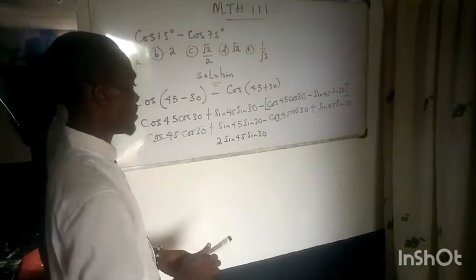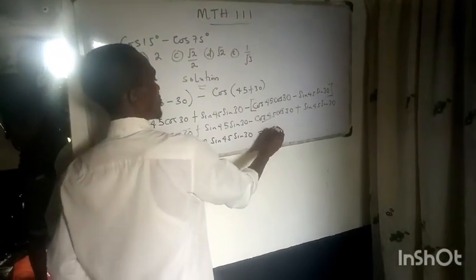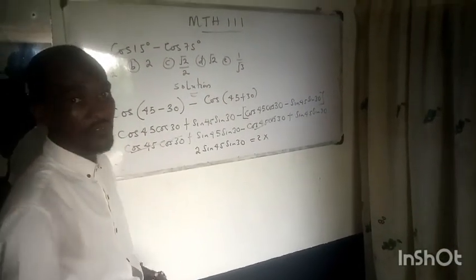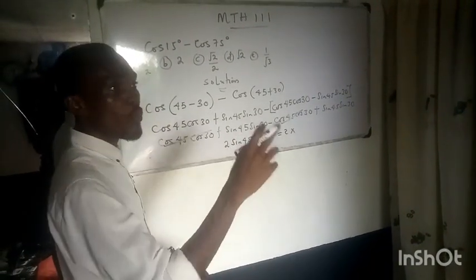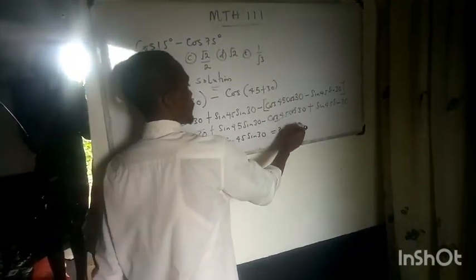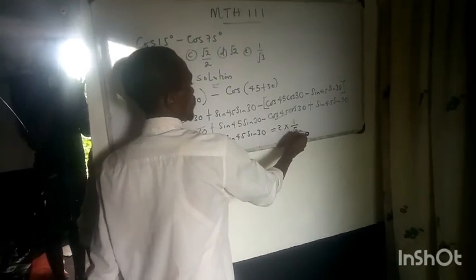Likewise sine 30. So we have 2 times, what is sine 45? When you look at the right angle triangle, 1 over root 2. So sine 45 is 1 over root 2.